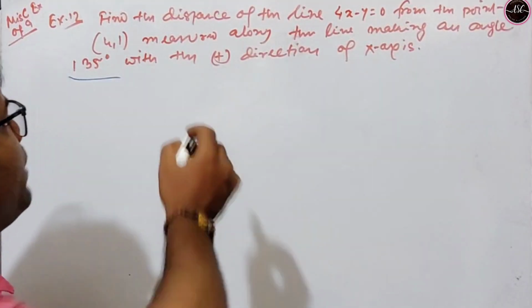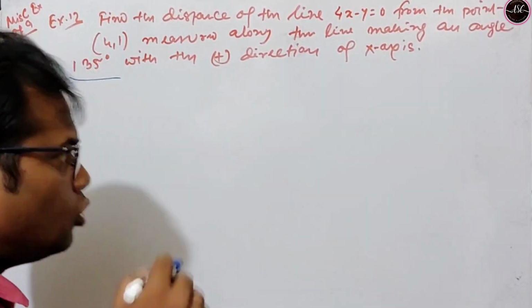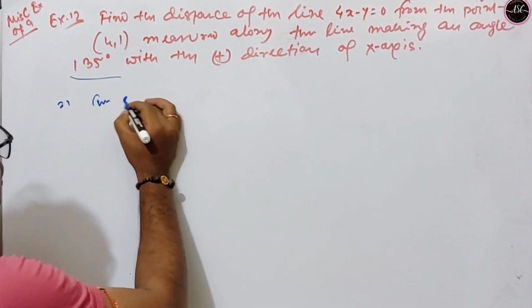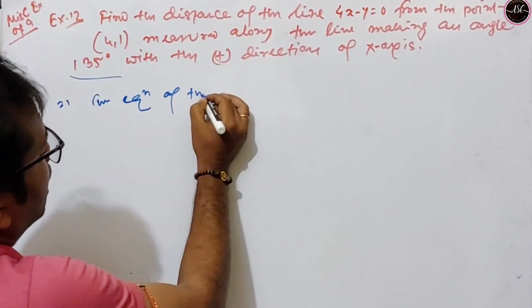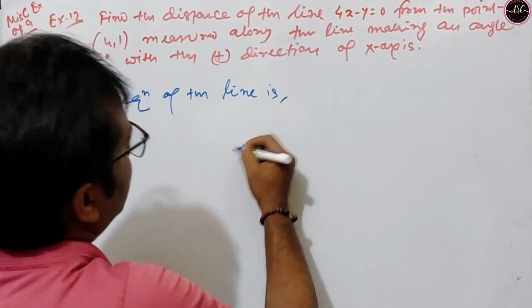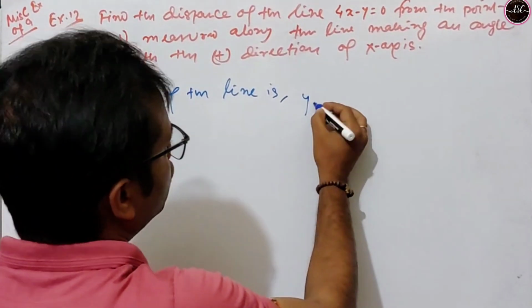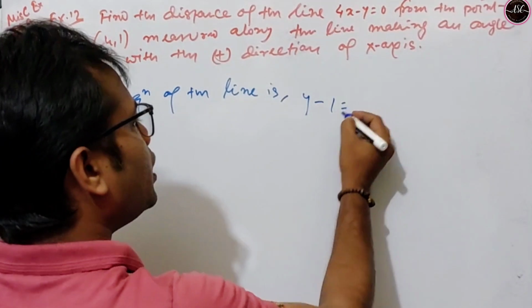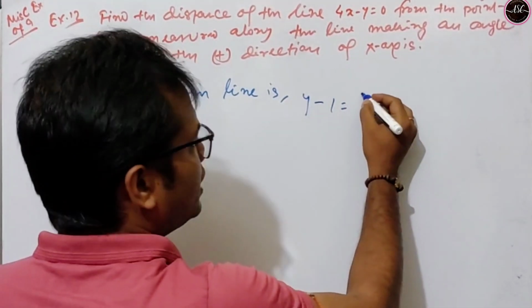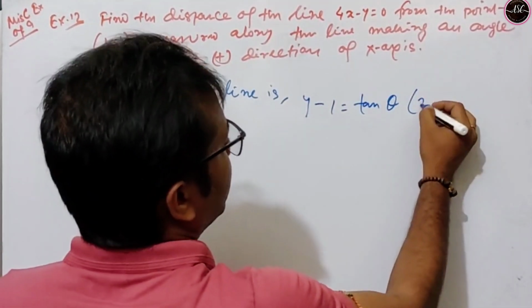That line should pass through 4, 1. So y minus y1 equal to m into x minus x1, here m equal to tan theta, so y minus 1 equal to tan theta into x minus 4.